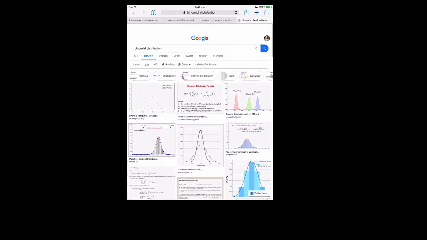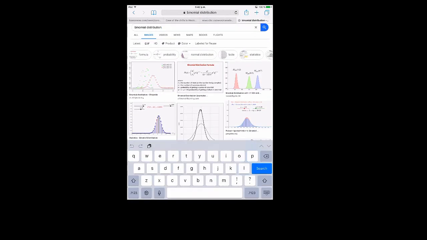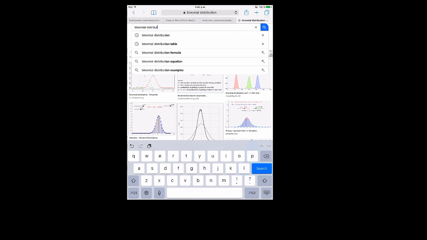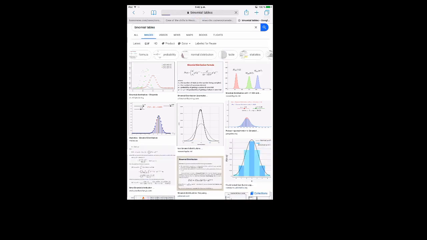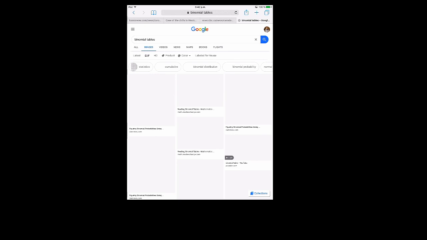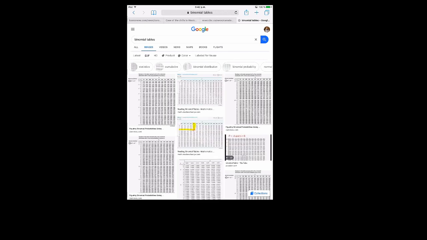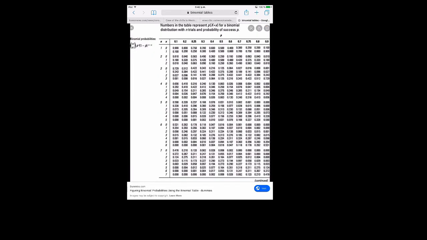Oh, I don't want distribution, I want binomial tables. So before computers, before calculators, tables were derived because of the importance, and you'll find that the binomial distribution is at the foundation of sampling theory. So these were very important.